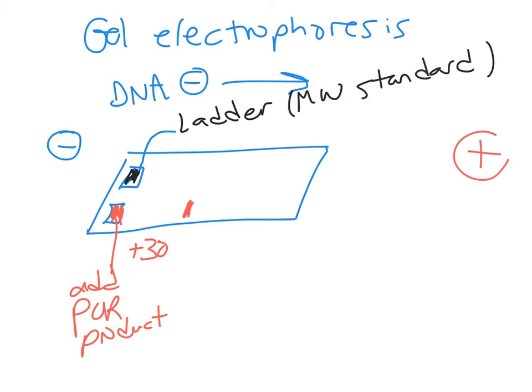There's a cocktail of pieces of DNA that we already know what sizes are in that solution. So let's say we've got molecules that are 100 base pairs, 500 base pairs, and 1 kilobase pair, 1,000 base pairs, all mixed together, and we add them in this other well in the gel. And we subject them to the same electric field, the same electrophoresis.